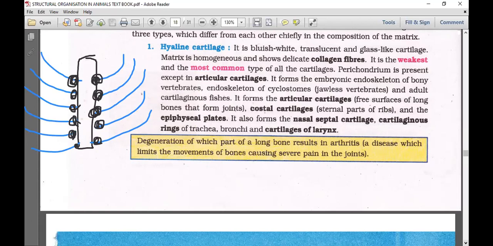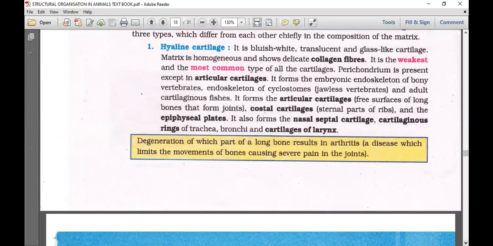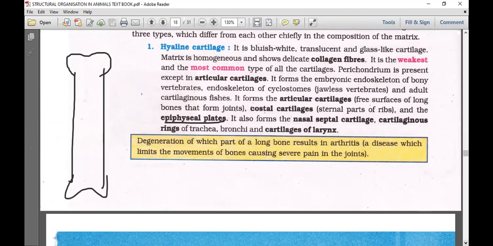Then next, the epiphyseal plate. Just now we have seen the long bone, isn't it? In the long bone, there are epiphyseal plates. I already showed you that the long bones at the tips, where they connect to the joint, have articular cartilage. So what is the epiphyseal plate?